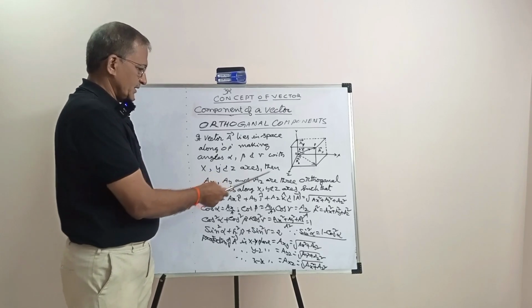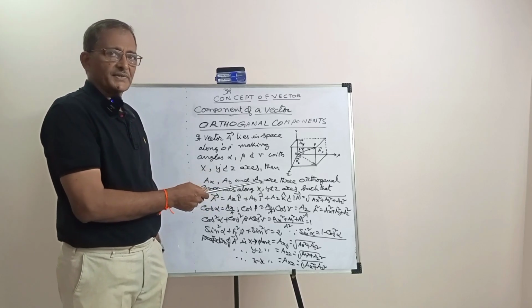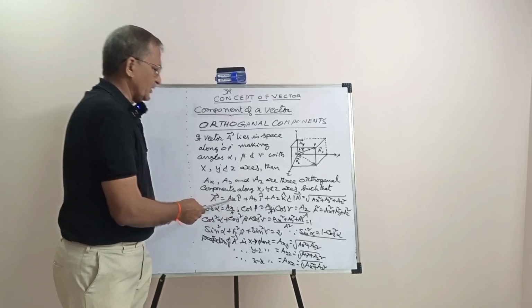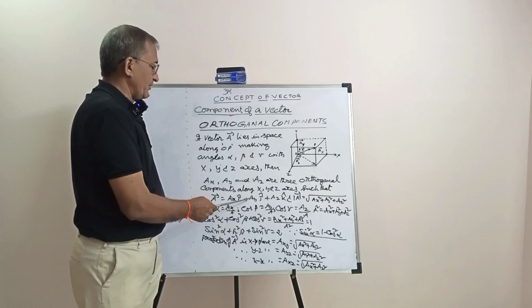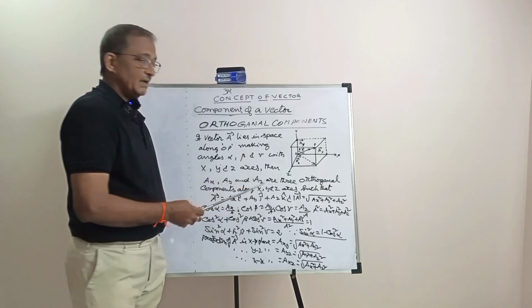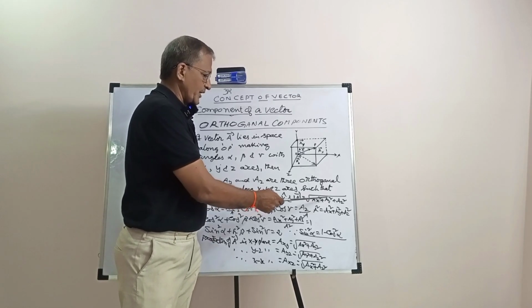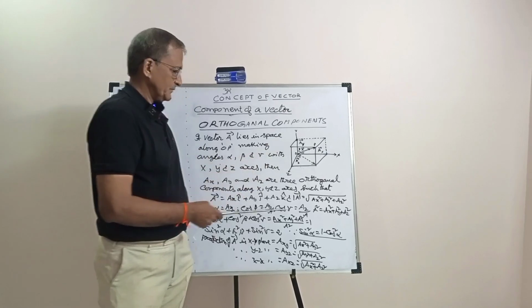Ax is equal to A cos alpha, Ay is equal to A cos beta, Az is equal to A cos gamma. And the sum of all the three orthogonal components is equal to the given vector. A bar is equal to Ax i plus Ay j plus Az k. And the modulus of A bar is given by root over Ax square plus Ay square plus Az square according to Pythagoras theorem.